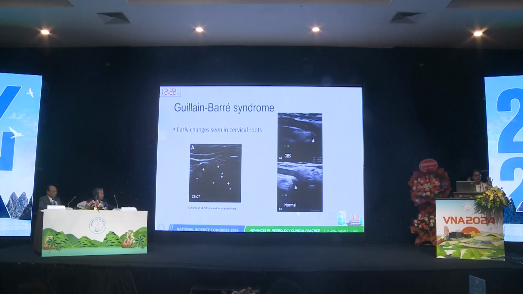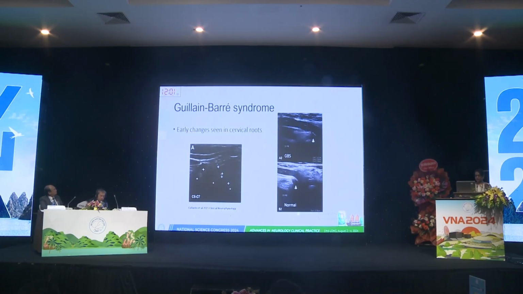It's quite easy to have attacks at those areas because they're very sensitive to inflammatory insults. So you'll find that the nerve is enlarged proximally, and this might be the earliest change that you see. Okay?